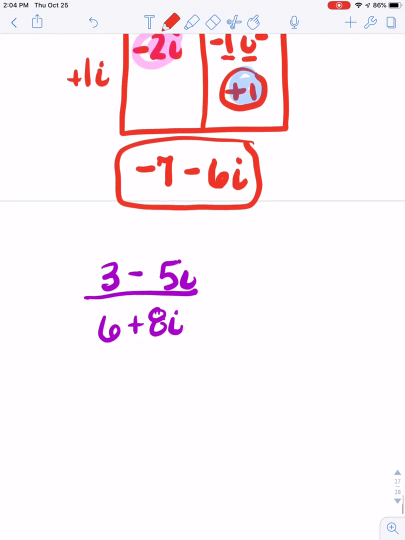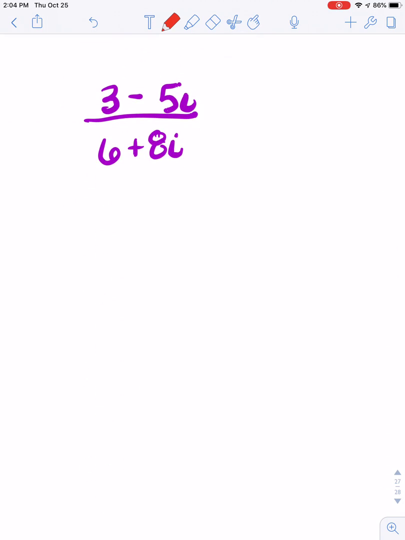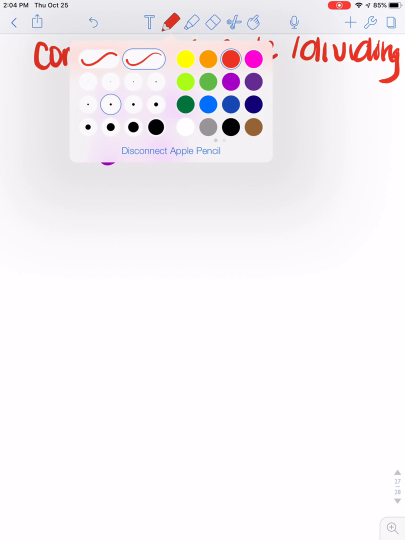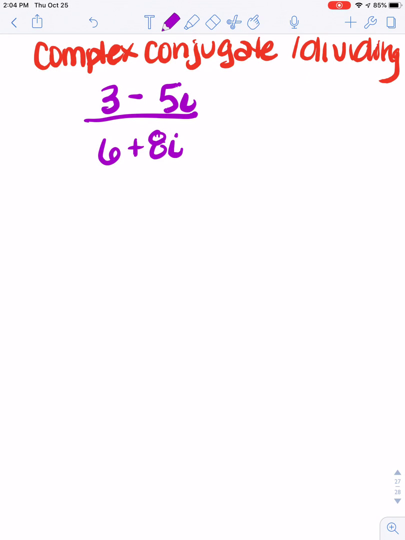Okay, now when I go to look at complex conjugates, so I'm either going to solve by finding the complex conjugate and simplify, or they're going to talk about dividing, one or the other. Now the first thing that we have to do in this problem is actually define the complex conjugate.